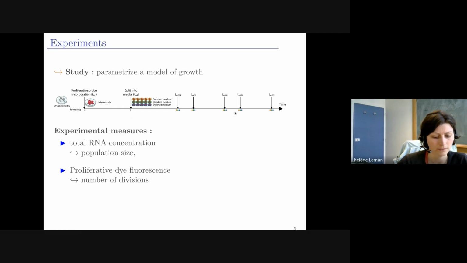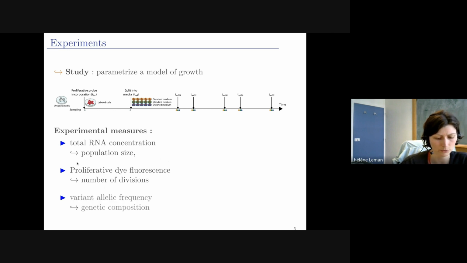We had access to different measures. First, the measure of total RNA concentration, which is for us the proxy for the total population size, and also a measure of proliferative dye fluorescence, which represents more or less the number of divisions of the cells.